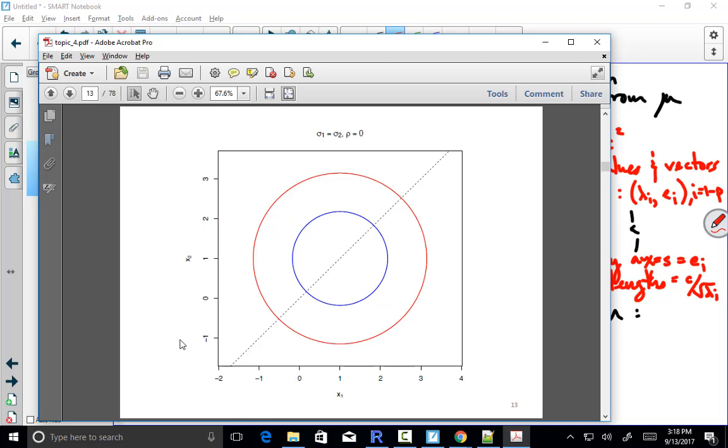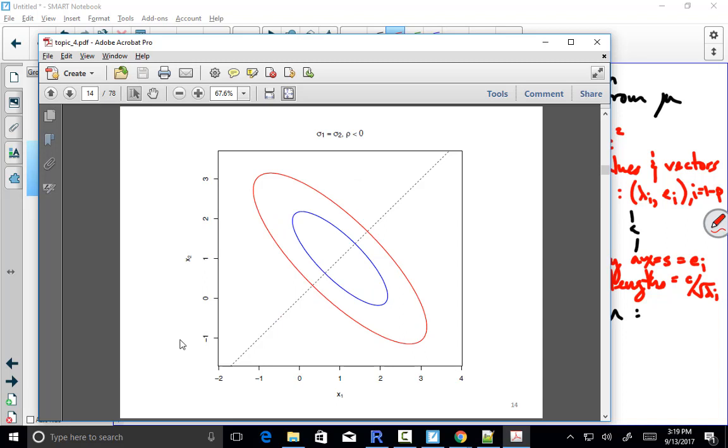Here's the spherical case, equal variances and no correlation. In that case, statistical distance is the same thing as Euclidean distance. Statistical distance is all about accommodating unequal variances and correlations.